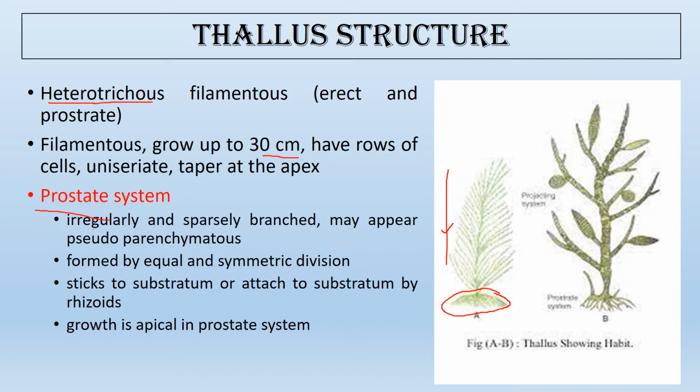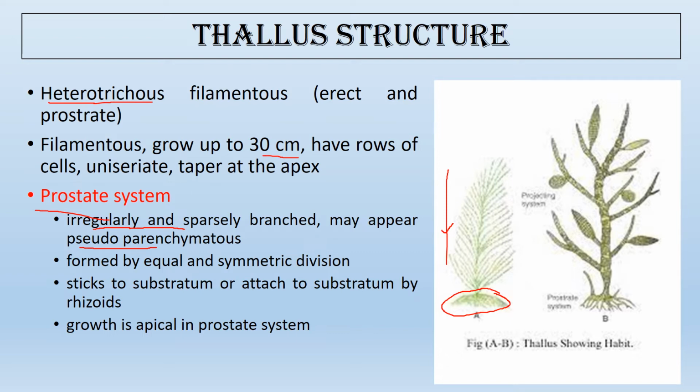The prostrate system is branched, but the branching is very sparse, and most of the time it develops into a pseudoparenchymatous structure, unless it is suffering from a mutation, especially in Ectocarpus. One mutant of Ectocarpus has a loss of gene function, and due to this the entire prostrate system is absent, and this mutant Ectocarpus appears floating in nature.